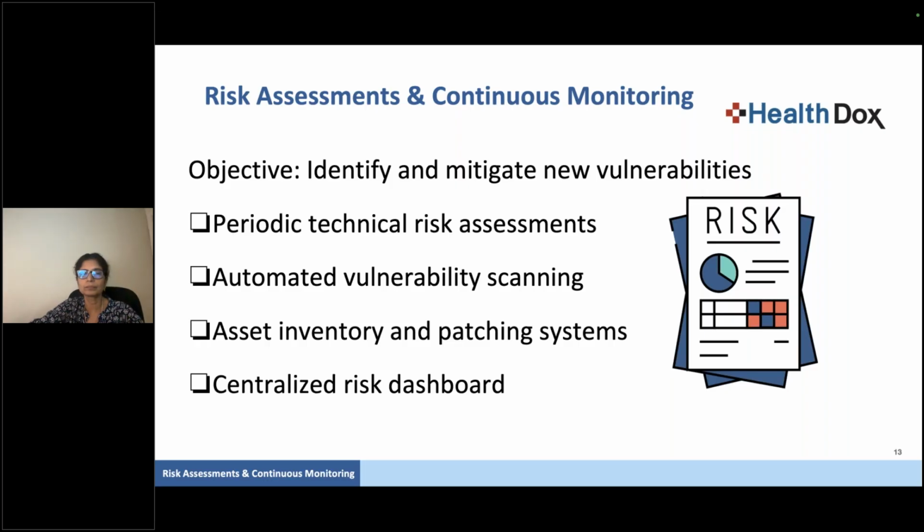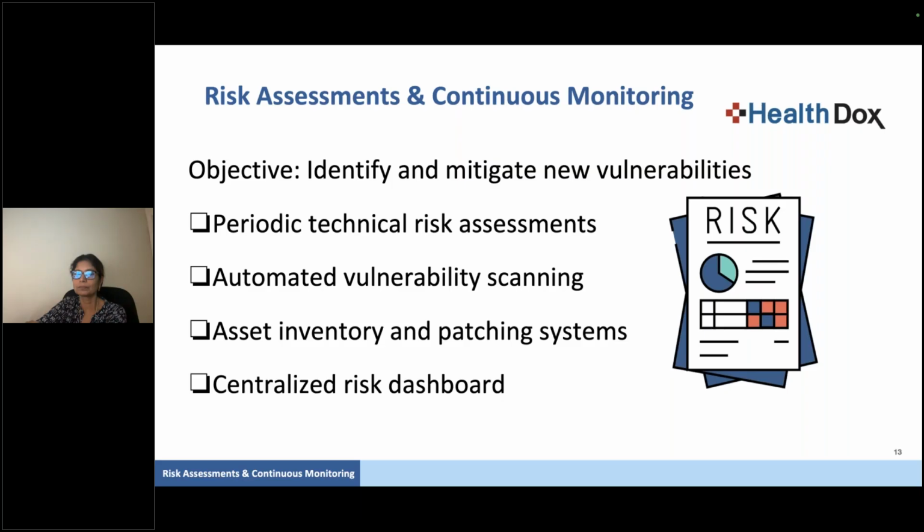This includes monitoring for outdated software, misconfigurations, and even access anomalies, right? Not just doing the HIPAA risk assessment on paper, we should also have continuous monitoring mechanisms for outdated software, access anomalies, or misconfigurations. The combination of formal risk assessments and ongoing monitoring, both should be there.